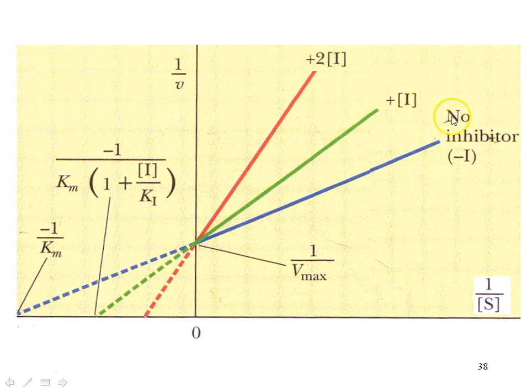So to do that, you need a plot without the inhibitor, the blue plot, and one plot with a known concentration of inhibitor, say the green line here, and you get the -1 over the apparent Km on one side from the intercept here, and -1 over Km on the other.